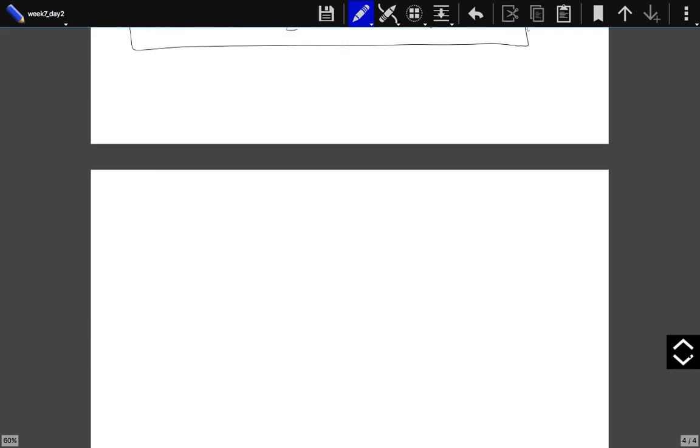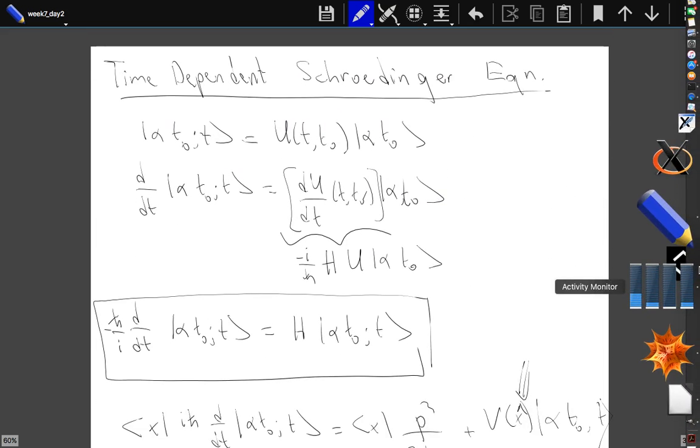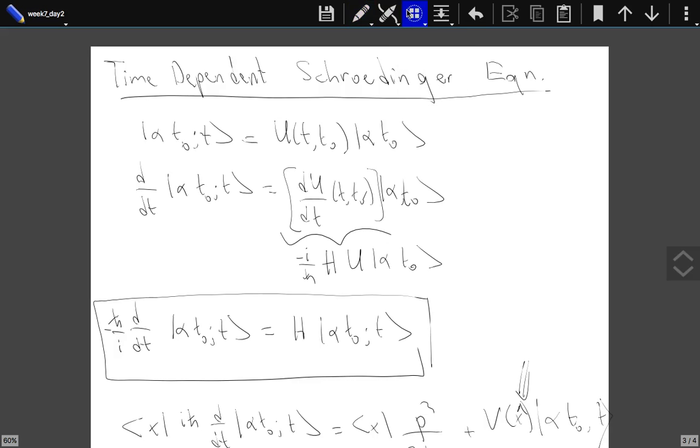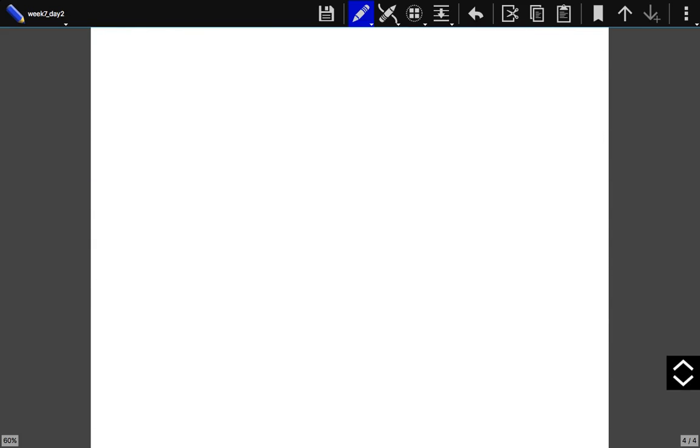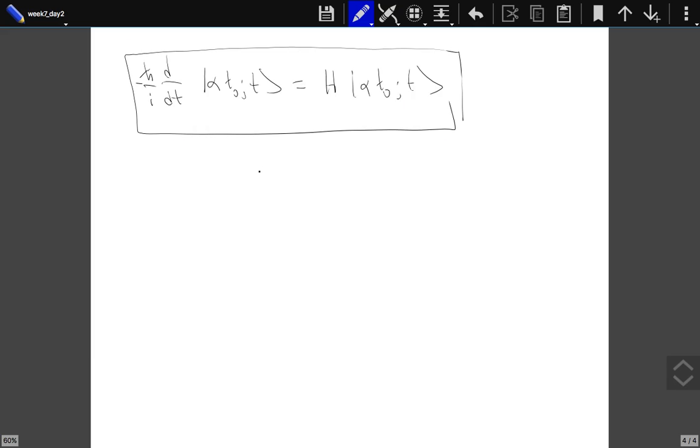Now let's look at what happens when we have, here we had started looking at an arbitrary ket. Now let's see what happens if this ket was a stationary state to start with.